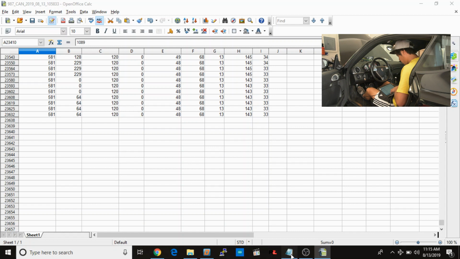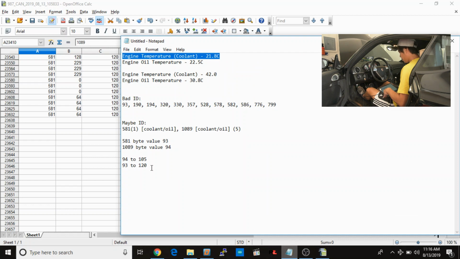Okay, 93 to 120. Now we know that coolant started at a lower temperature than oil. 93 is lower than 94, and it ended up at a higher value than oil, which is 120, than 105. So my guess is that 581 is coolant, and that 1089 is engine oil temperature.